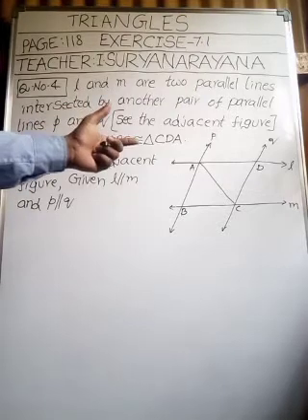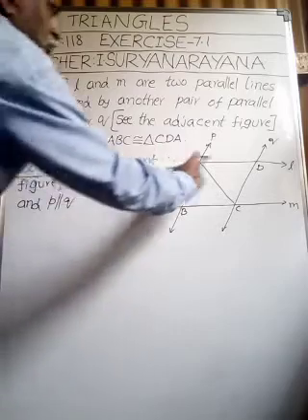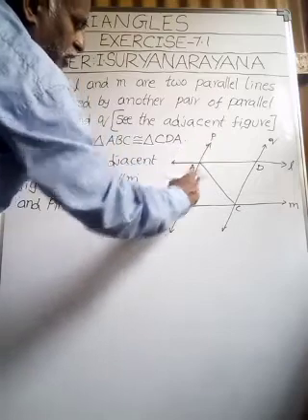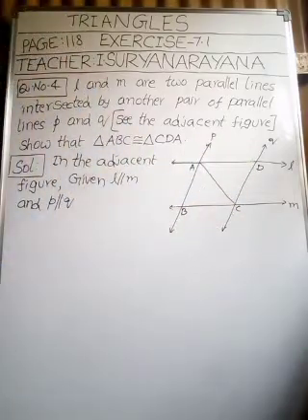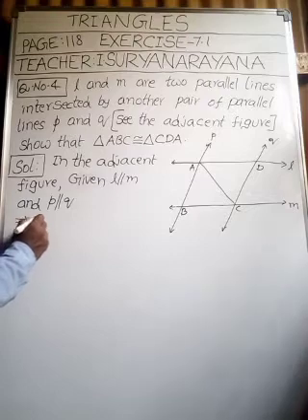A pair of parallel lines are intersected by another pair of parallel lines. AD is parallel to BC, AB is parallel to CD. Then what can you say about that quadrilateral ABCD? This implies ABCD is a parallelogram.